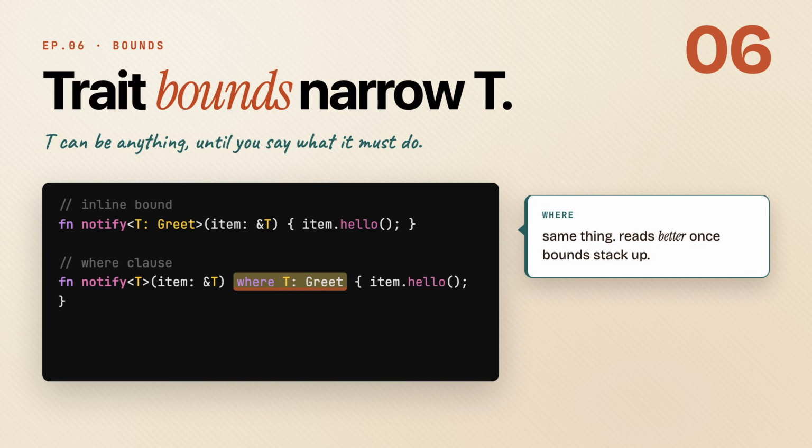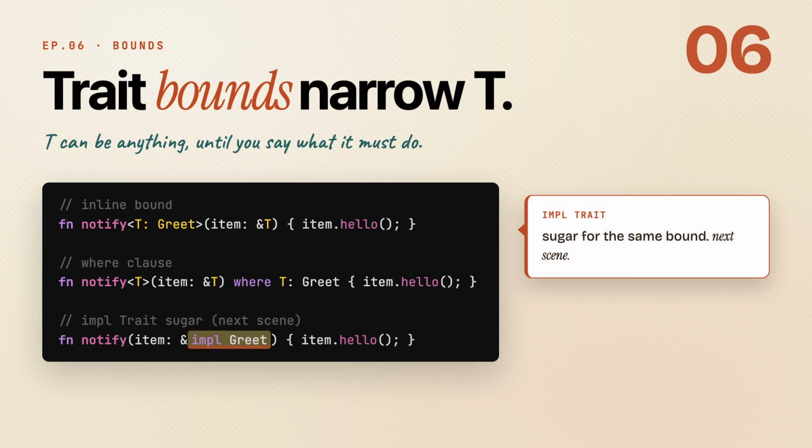It reads the same, it just breathes better once you start stacking several bounds together. And the third way drops the T entirely and writes impl Greet in the parameter. Same bound, less typing, but we're gonna cover that more in a little bit. But a bound means any T that can Greet, not just one type.